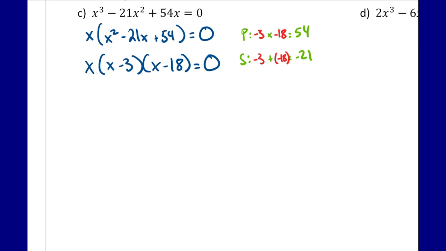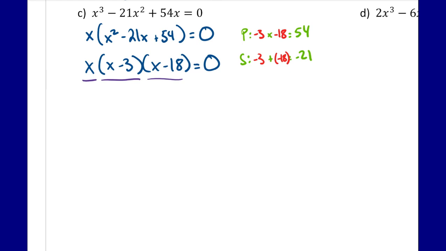This is a little different now. Before, we've dealt with just two brackets, and we set each of them equal to 0 because if I'm multiplying two things to get 0, one of those two values has to be 0. Here I'm multiplying three things: the x, multiplied by the x minus 3, multiplied by the x minus 18.